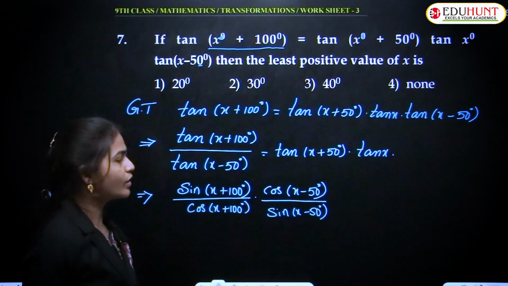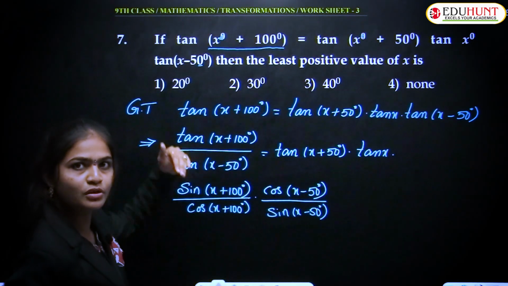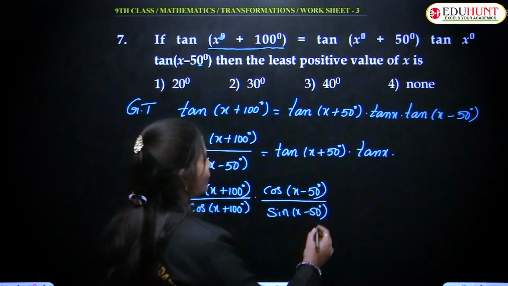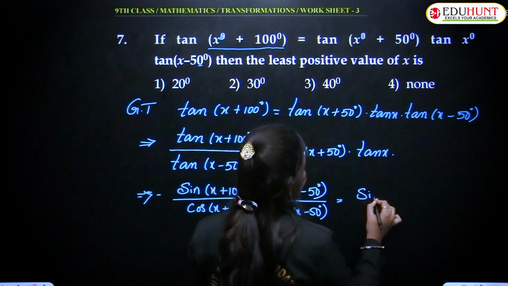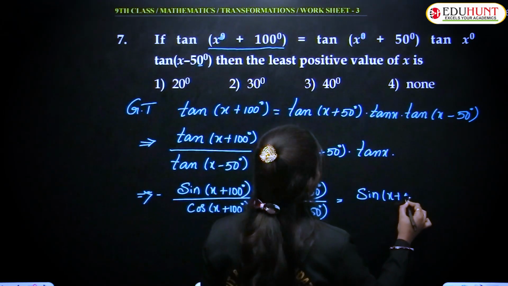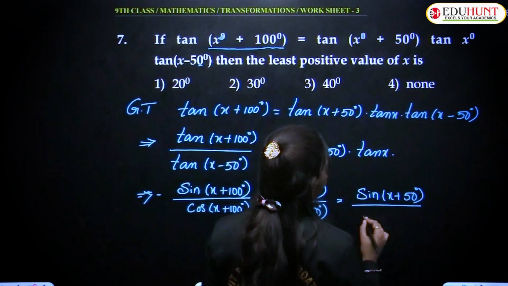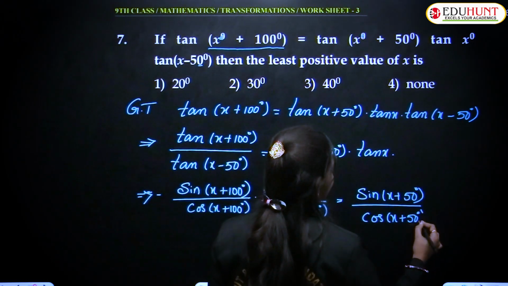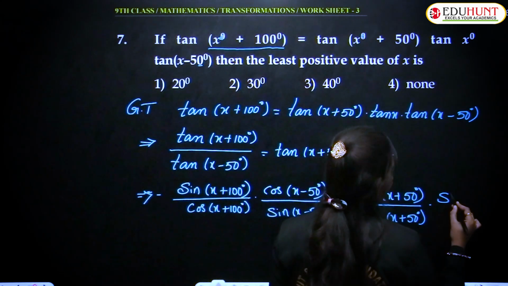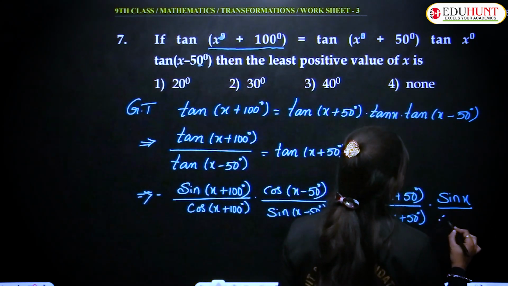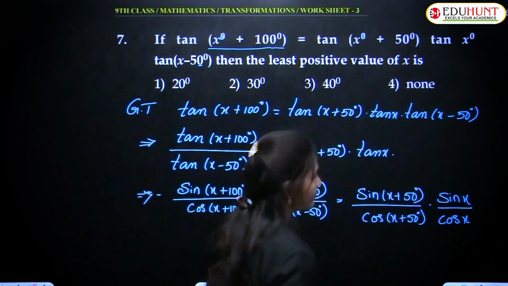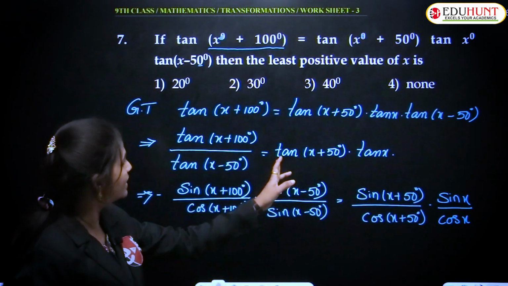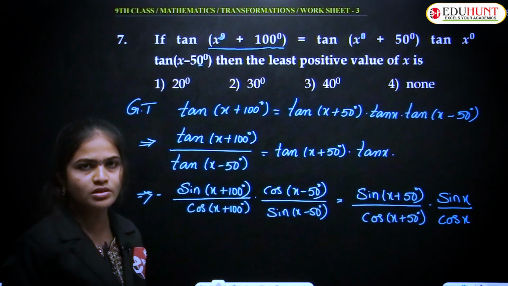Again sin by cos, so the reciprocal cos by sin. Directly I am writing that here. Which is equal to sin of x plus 50 degrees by cos of x plus 50 degrees into sin x by cos x. Am I clear? Here there are no changes.